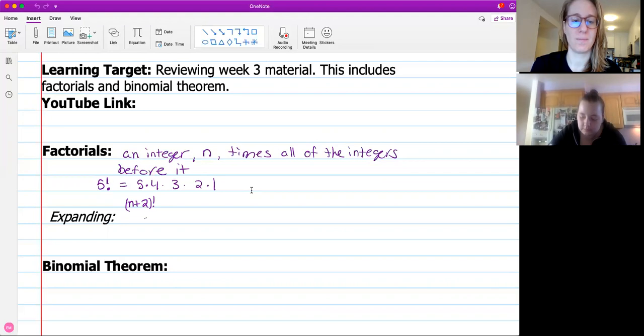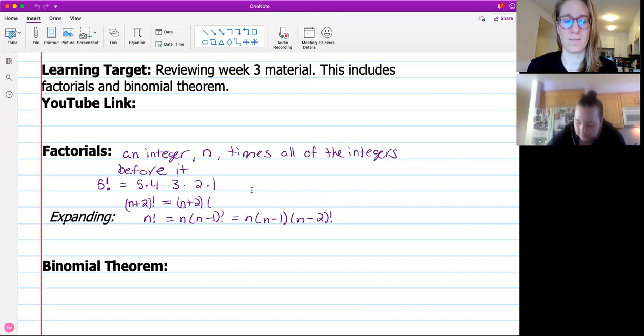Your expansion formula is n factorial, then n minus 1 factorial, n minus 2 factorial. So here we would have n plus 2, and subtracting 1 from the 2, you get n plus 1 factorial. If you kept going, you would have n plus 2, n plus 1, and then n factorial.